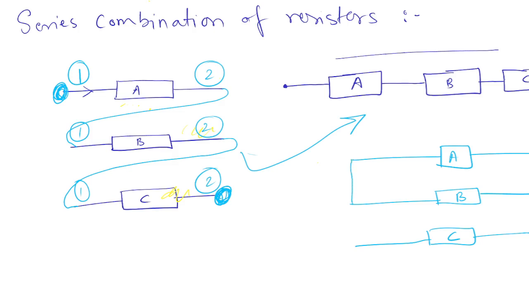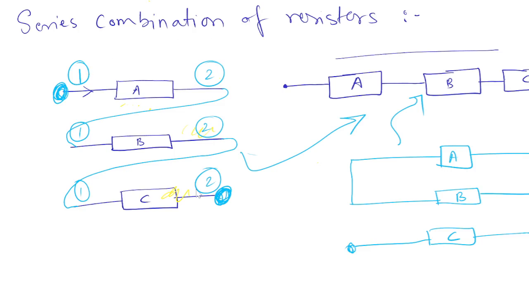And if I ask you whether it is series or parallel, many of you will say it's series, but some of you may say it's parallel, because the resistors are stacked over one another. But no, if you stretch it from this end and this end, you will find this is forming a series, something like the one above. So this is a series combination of resistors.